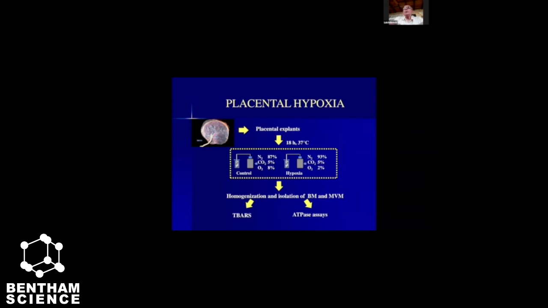Basically, we prepared the placental explants from normotensive pregnant women, and we incubated them under control normoxia at 8% oxygen or hypoxia, 2% oxygen. And then we isolated the basal membranes and microvillus membranes, and we measured in them TBARS and ATPase assays.